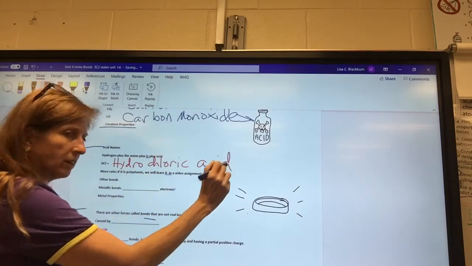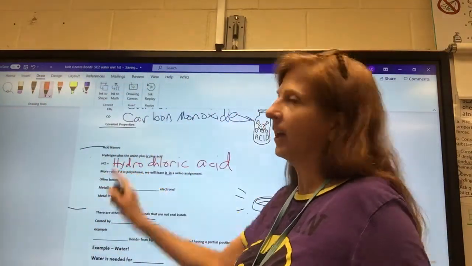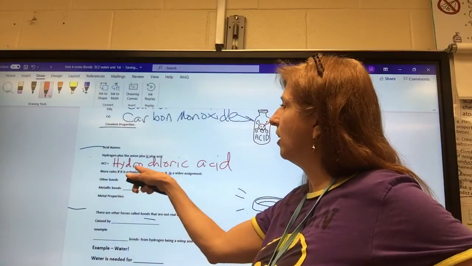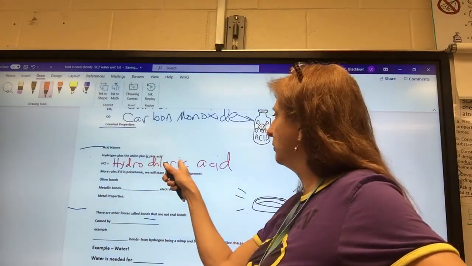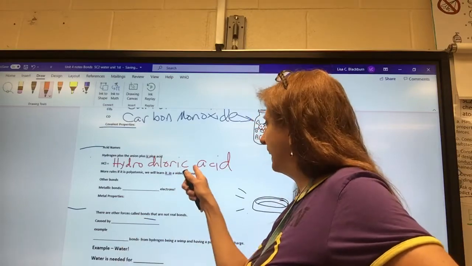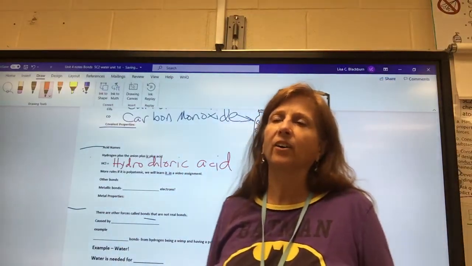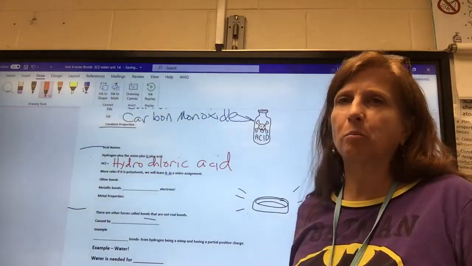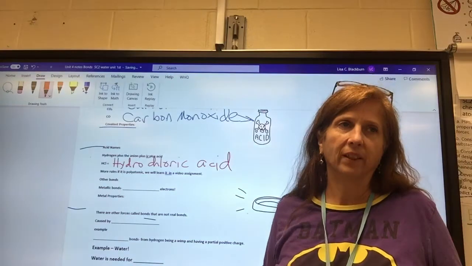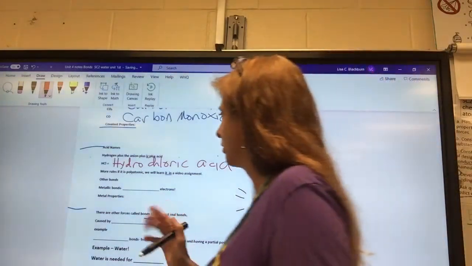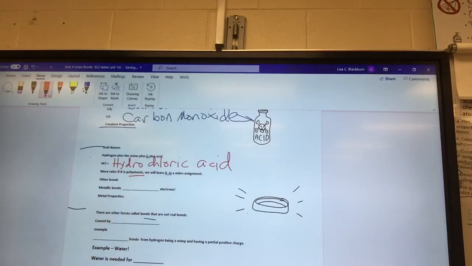So you say hydro for the hydrogen, and then you say the root of the next one, and then you add the ending ic, and then acid. So there's like hydrofluoric acid, hydrochloric acid, hydrobromic acid. So that's it in general. Okay, but there's a little bit different. There's more rules if it's polyatomic, and we will learn it in a video assignment.